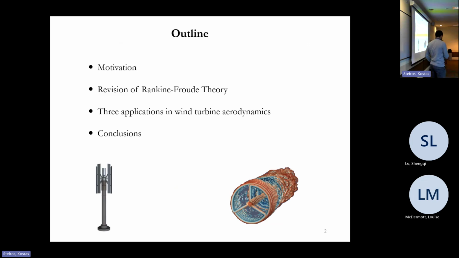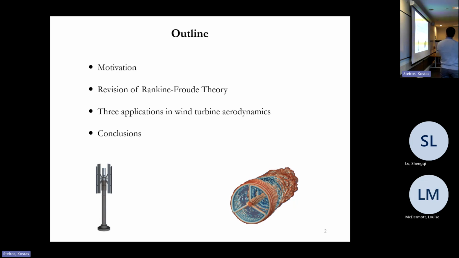So this is just the outline of the talk. First I will talk about the motivation behind these high velocity turbines and the argument for wind energy in general. And then I will discuss how there is a gap, let's say, in the modeling literature, where we can adequately model turbines that are of low solidity or low loading, but when we go to higher loadings, then there is a gap, and this stems essentially from the so-called Rankine-Froude theory, which is the basis of most aerodynamic models that we use, also in industrial applications as well.